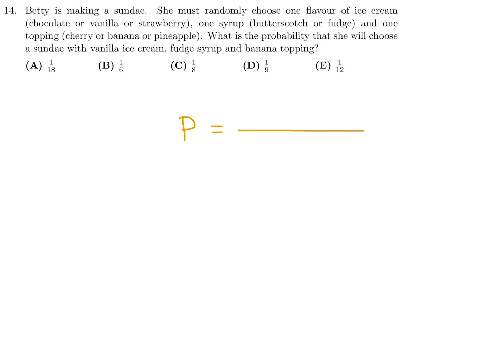So in our case, we have 3 possible flavors of ice cream, 2 possible syrups, and 3 possible toppings. And then on the numerator is our specific condition. We want vanilla ice cream, which is one of the flavors, and we want fudge syrup, which is one of the syrups, and we want banana as one of the toppings. So this is our probability. When you do the math, it becomes 1 over 18. So number 14, the answer is A.